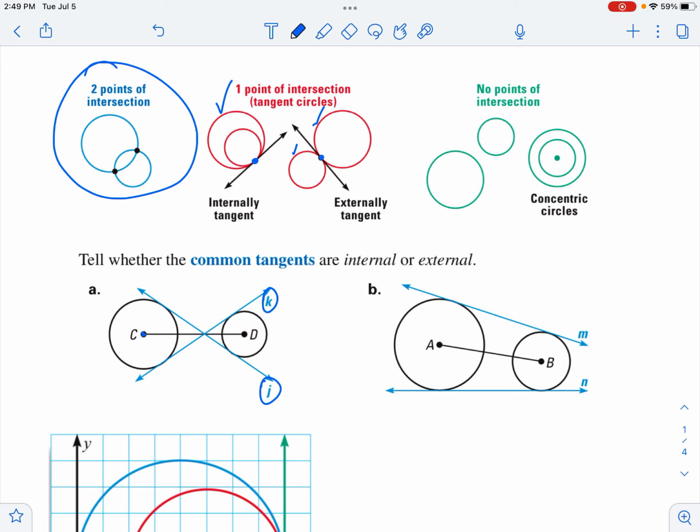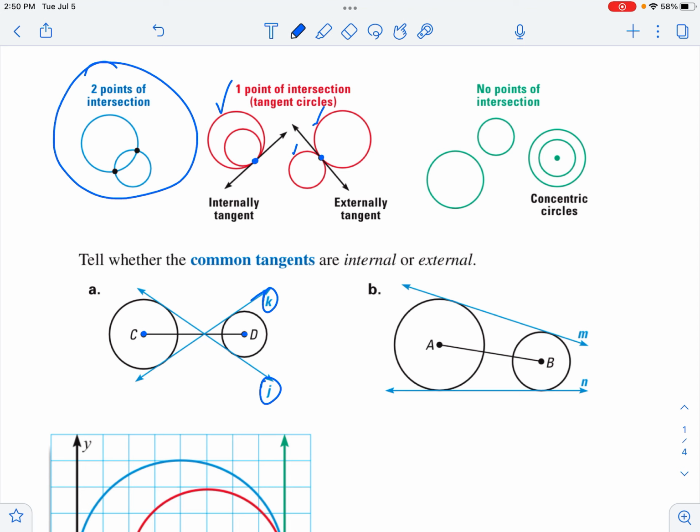Notice if I connect circle C to circle D with this line segment, my tangents cross that line segment. They have an intersection on that line segment. For that reason, we say that those tangents are internal. So we would just say L and K are common internal tangents.